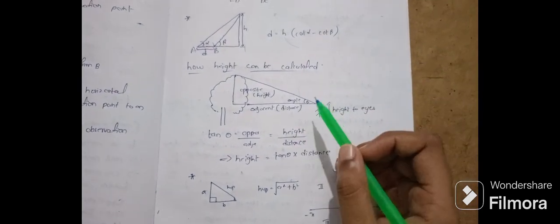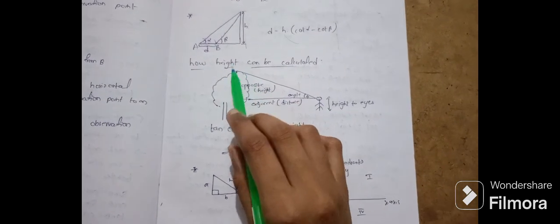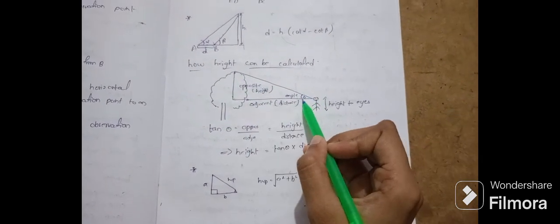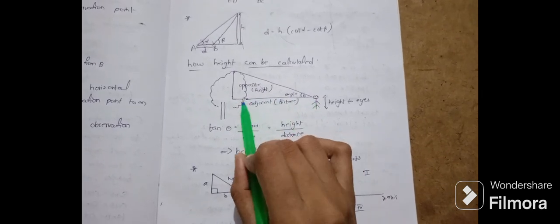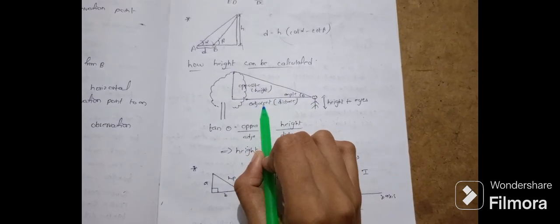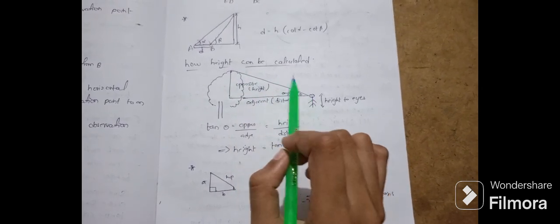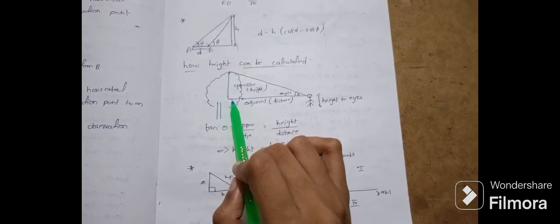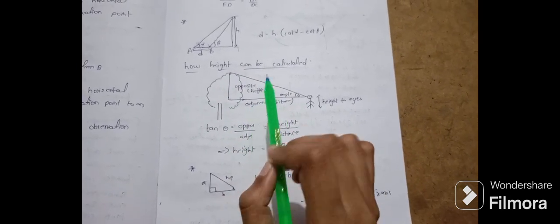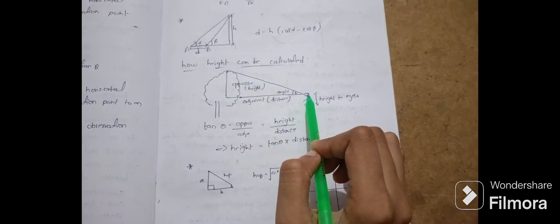Let us consider we are seeing an object which is present on a tree. Here it is known as the angle of elevation, right? And this base is considered as the distance, that is the adjacent side. This is the hypotenuse, and this is the height.